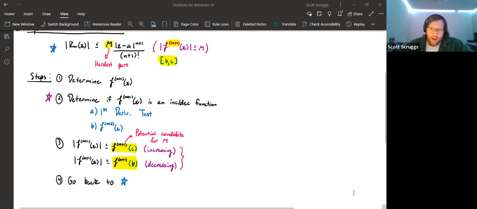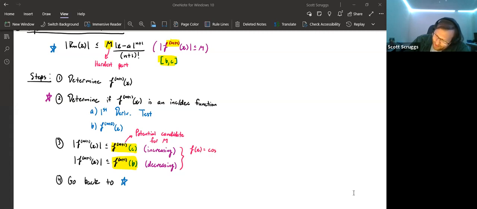Now for step 3, there are a couple of exceptions for that being a potential candidate for M. One exception is if f of x is either a sine or a cosine.